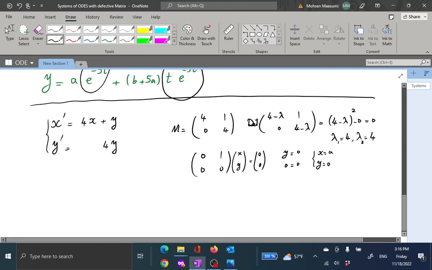Well, let's choose some specific one that's going to work for us, a number convenient other than 0. Well, the number is 1 or any number you wish, I got my eigenvector. So I have my eigenvector is (1, 0) corresponding to eigenvalue 4.